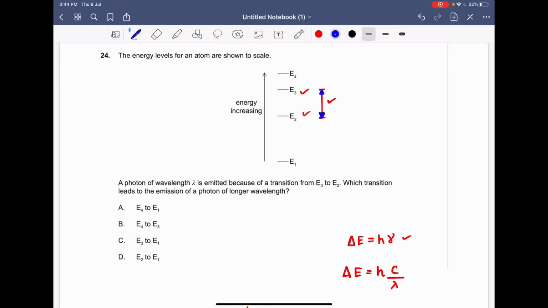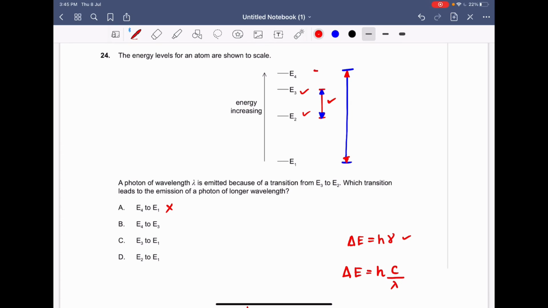E4 to E1. See, over here for E4 to E1 the energy difference is much larger than E3 to E2, right? So this transition will emit a photon of very short wavelength compared to E3 to E2. Okay, so this is your incorrect option. Now check E4 to E3.